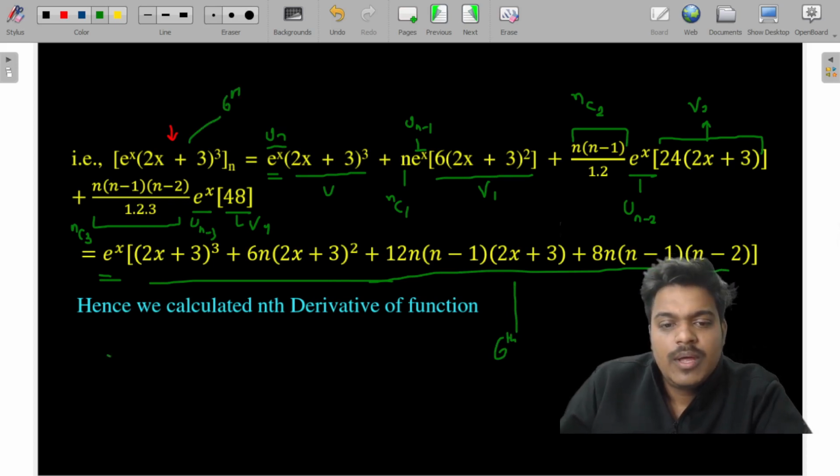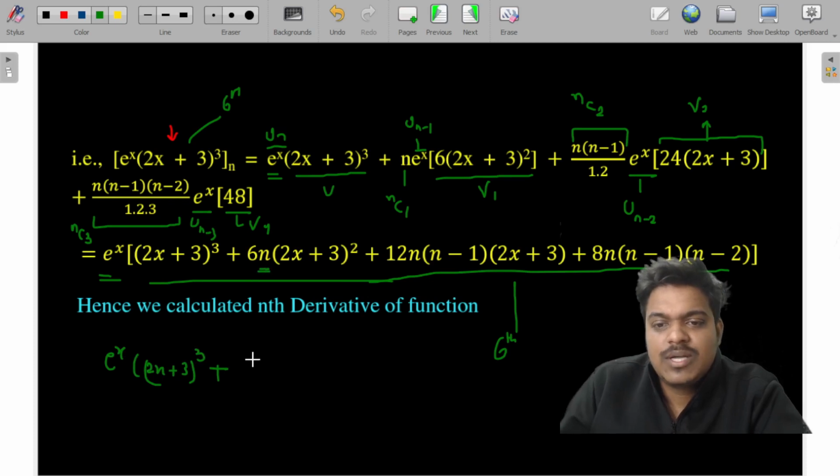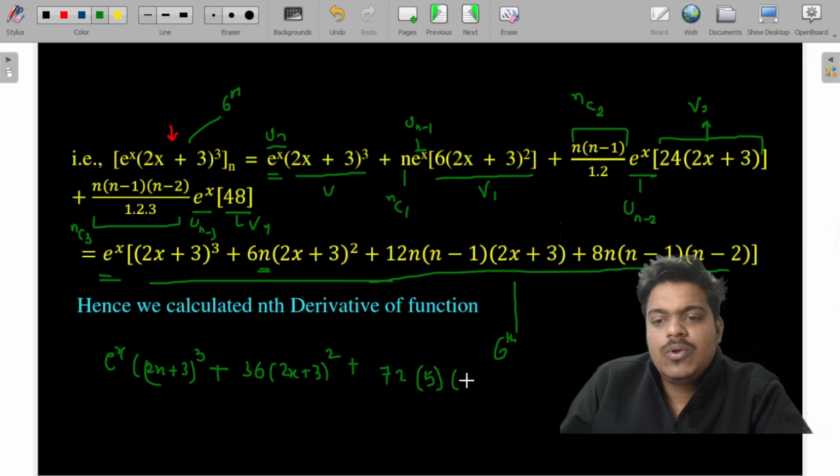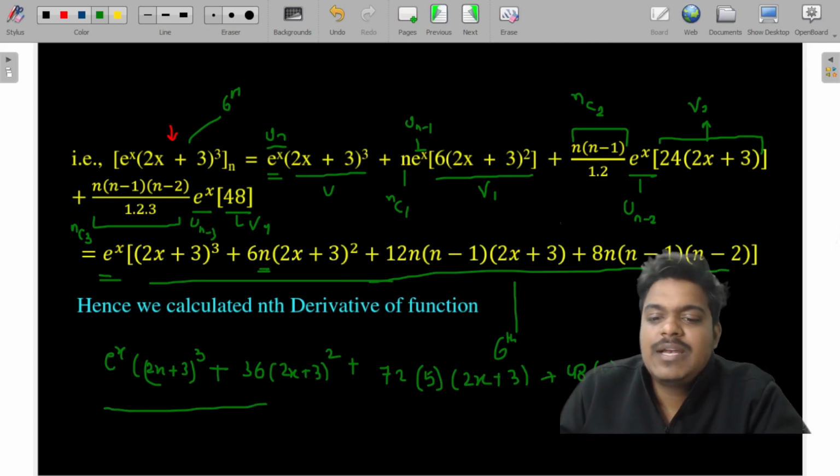What you will do? e to the power x (2x plus 3) the whole cube plus 6 into, n's value is 6, so 36, (2x plus 3) the whole square plus 72 into 5 into (2x plus 3) plus 8 into 6 is 48, into 5, into 4. So this will be the value of the nth derivative of this function.